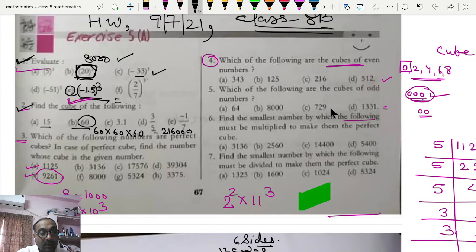Okay. Question number 3. You have to take the factorization of the given number, and you can find the number which is multiplied 3 times to make 1125 or any other number. So in the same pattern we solve all the questions. Now question number 6, it is a question of 3136.